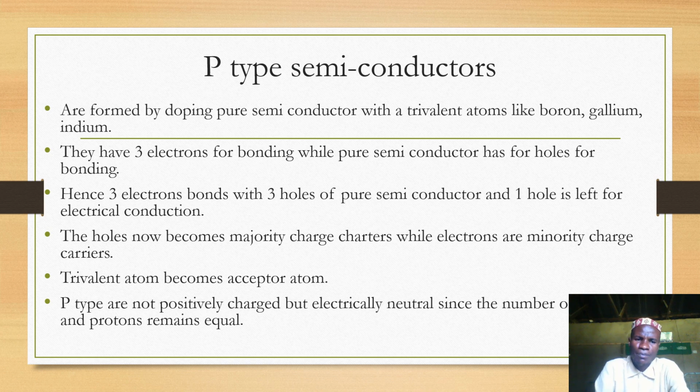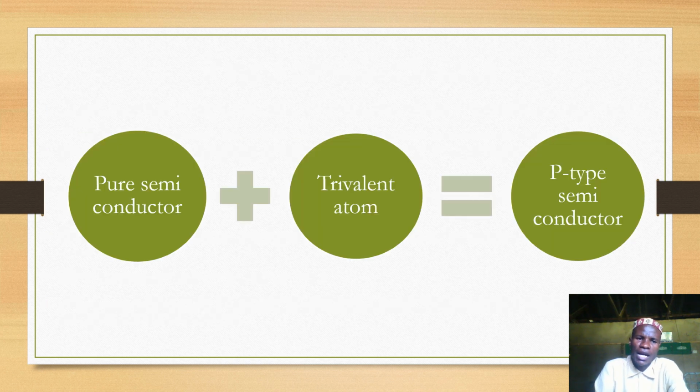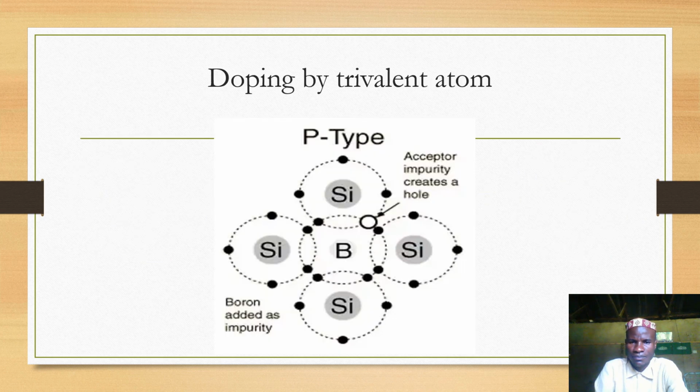The P-type semiconductors are not positively charged, but they are electrically neutral since the number of protons and neutrons remains equal. So when you take a pure semiconductor and add a trivalent atom, you come up with a P-type semiconductor.